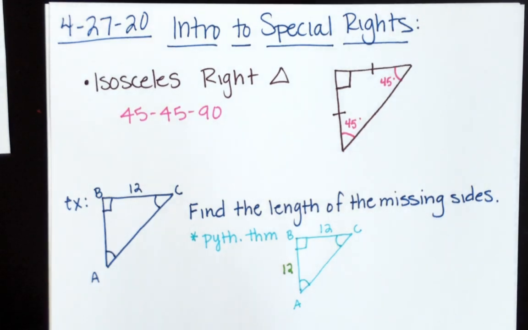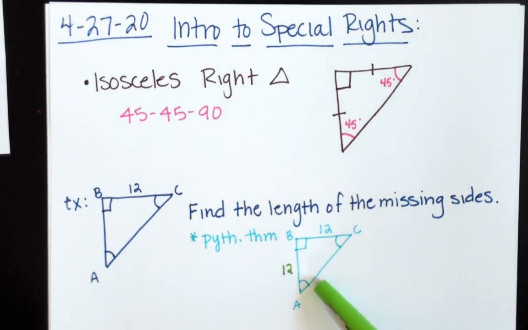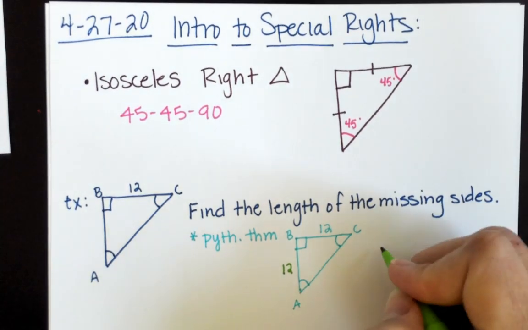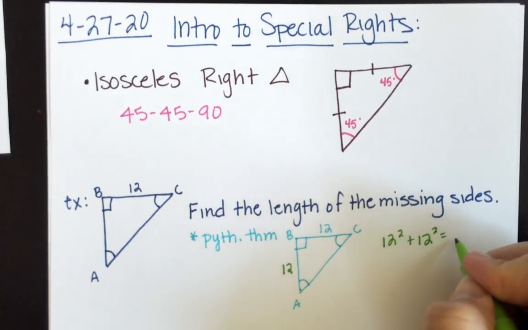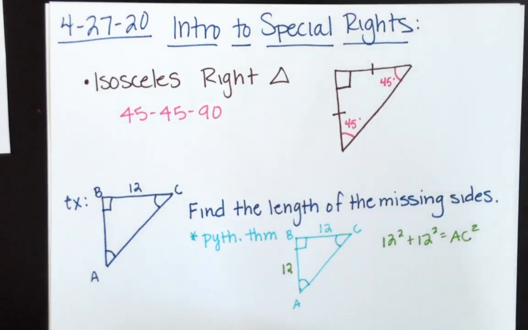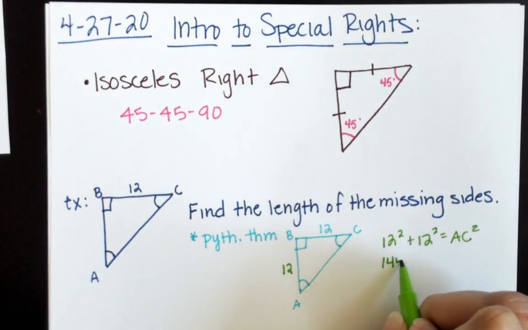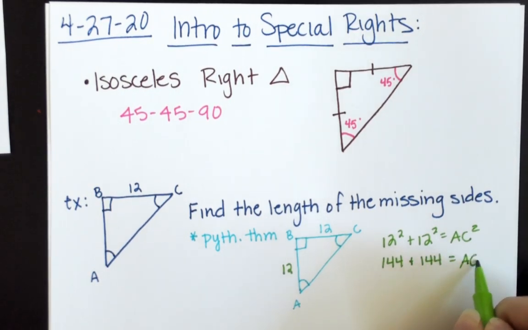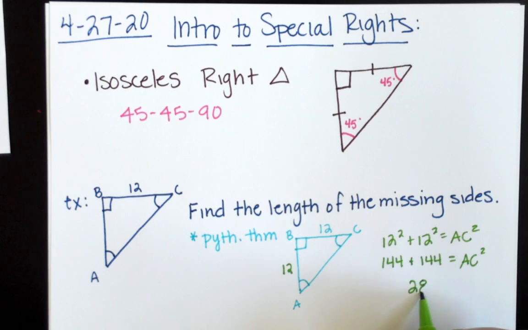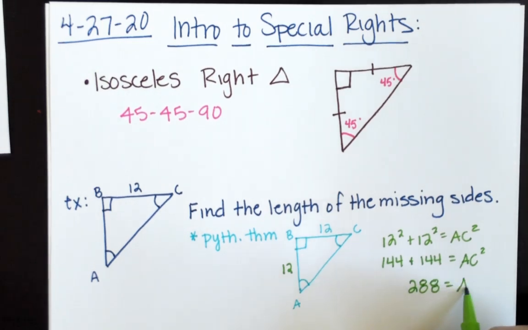However, I can find AC by doing the Pythagorean theorem. So we end up with 12 squared plus 12 squared equals AC squared. And we end up with 288 equals AC squared.